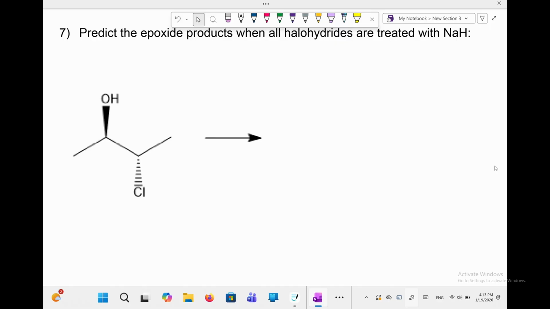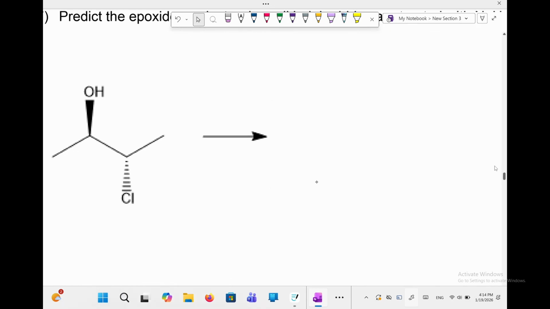And since Williamson ether synthesis is an SN2, that also means that epoxide formation follows that. And for this, we want to make sure that the alcohol and the leaving group, which could be our halogen, are opposite to each other, or trans, right?